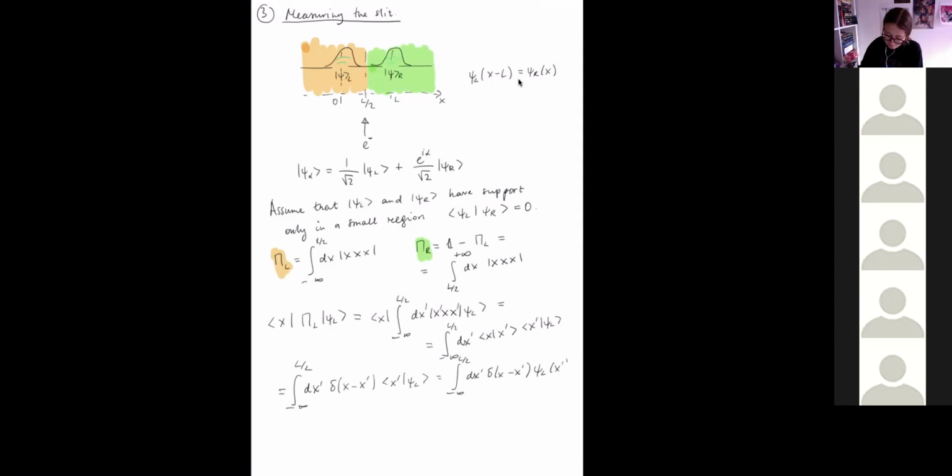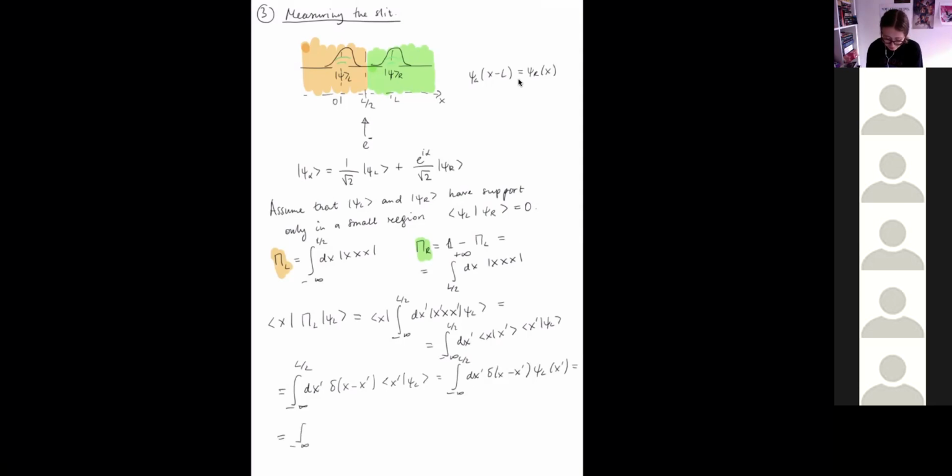Question is, can we already just conclude that we apply the delta function and get psi L of x? Well, that's not exactly correct, because the delta function definition only works if the integral is from -infinity to +infinity.